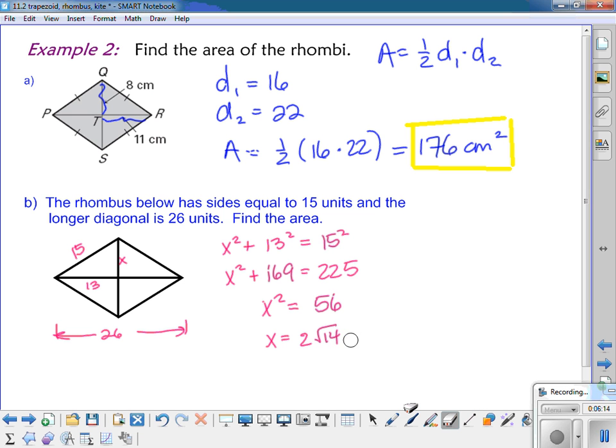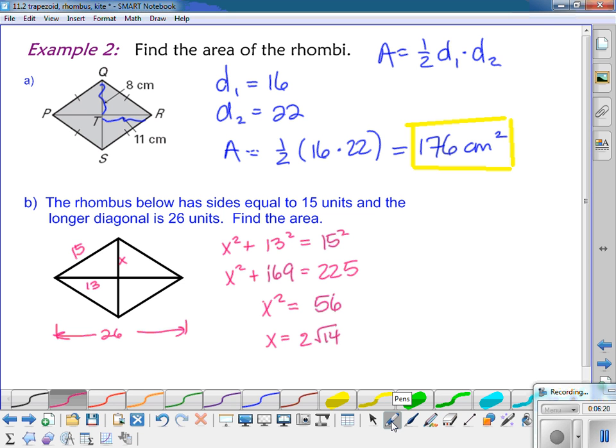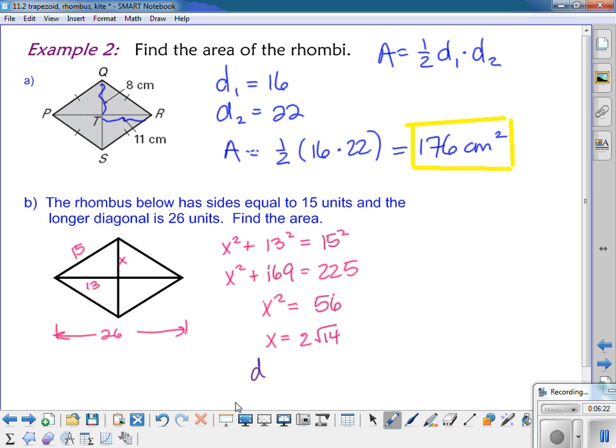We'll go ahead and leave it as a radical. All right, so now I have my other diagonal, almost. Don't forget that for the diagonal, you have to double that. So it's going to be 4 root 14. So this length here is 4 root 14.